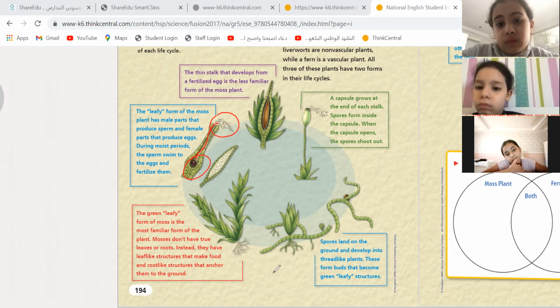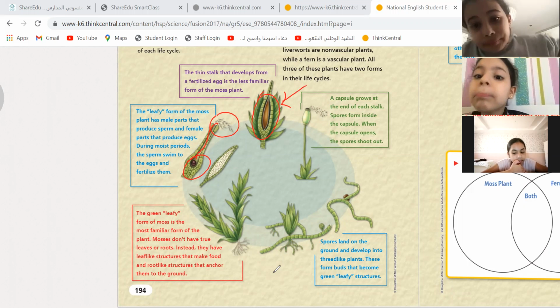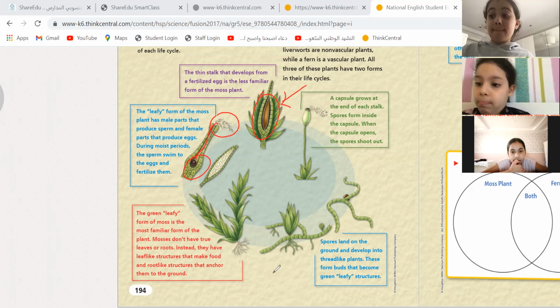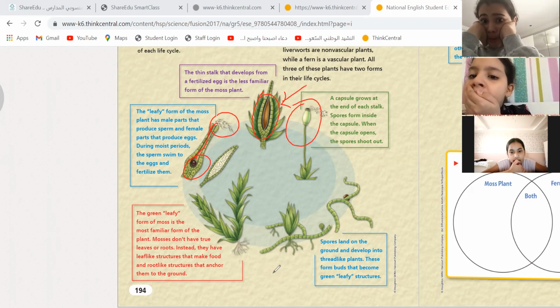When it's fertilized, what is going to grow inside? The spore, the fertilized egg. The fertilized egg will make a small spore. Then, after that, look here. A capsule grows at the end of each stalk, and spores form inside the capsule.